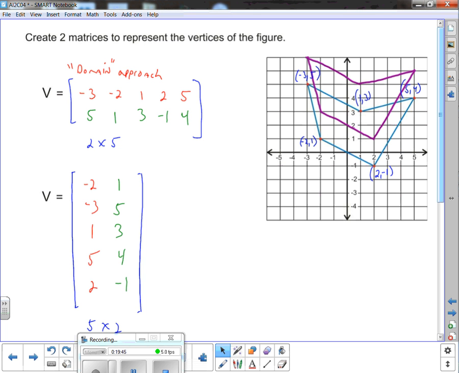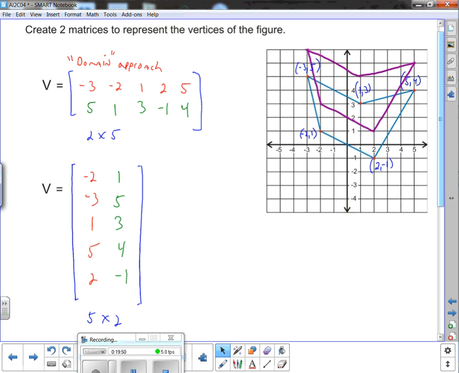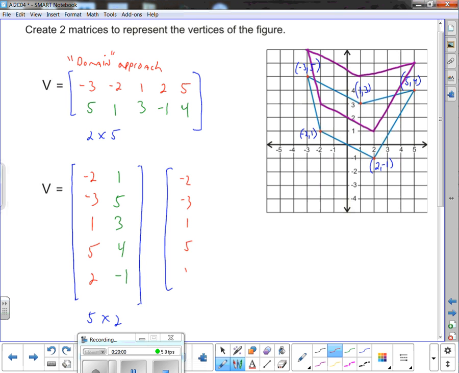Now, it would be interesting to take a look at the coordinates of these points. And so, again, don't write this. I just want you to think. I'm going to real quickly show you the x coordinates. And believe it or not, they didn't change. -2, -3, 1, 5, 2. There's no change in the x coordinates of those points of the purple one. No change at all. But notice what happened to every y coordinate.